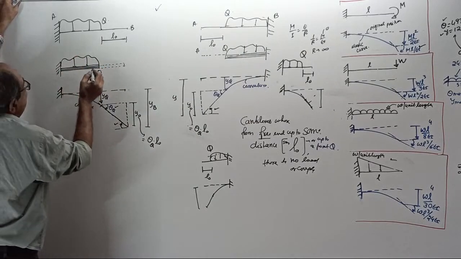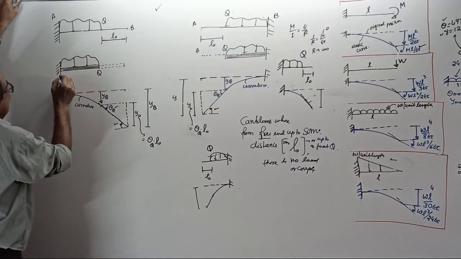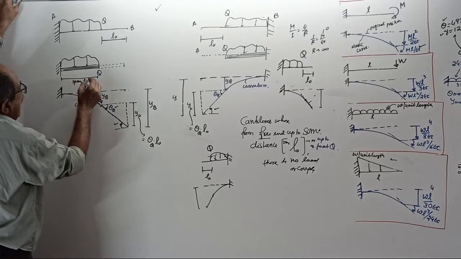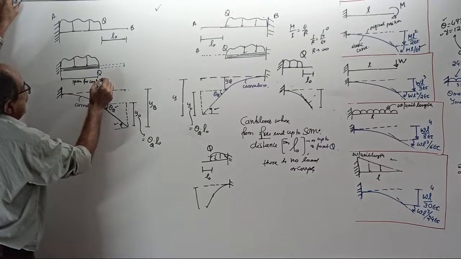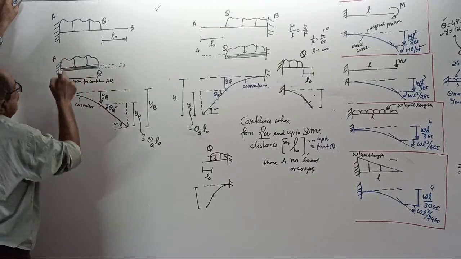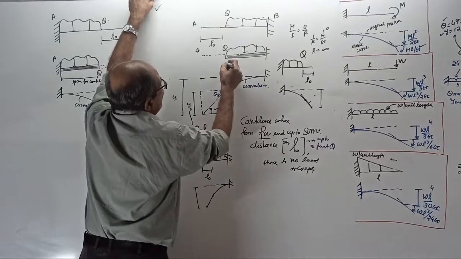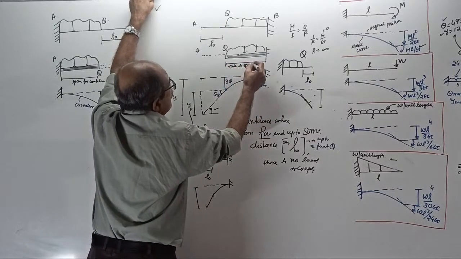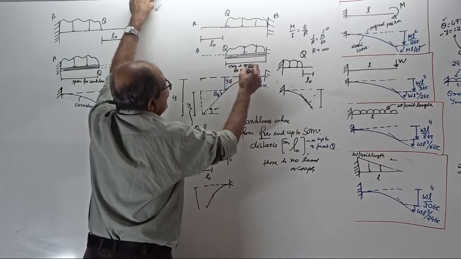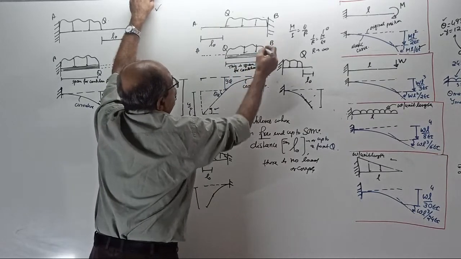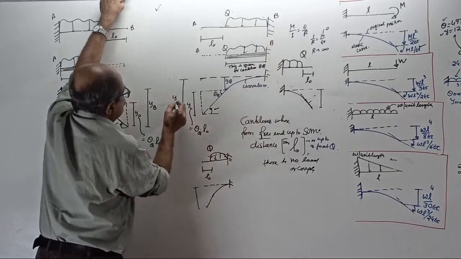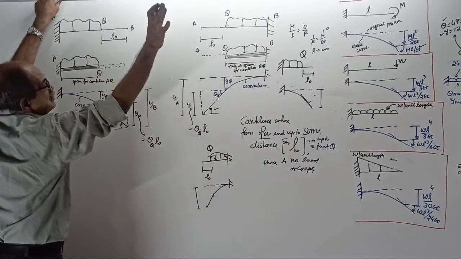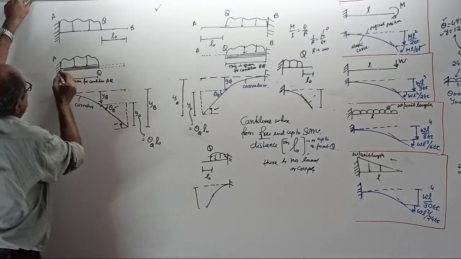This is the span for cantilever AQ. Here, this is the span for cantilever BQ. Correct? Don't see this one. Imagine this is cut out. Cut it, throw it outside. So this is a cantilever.